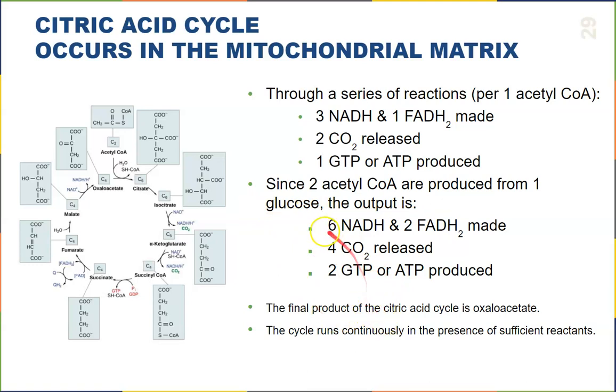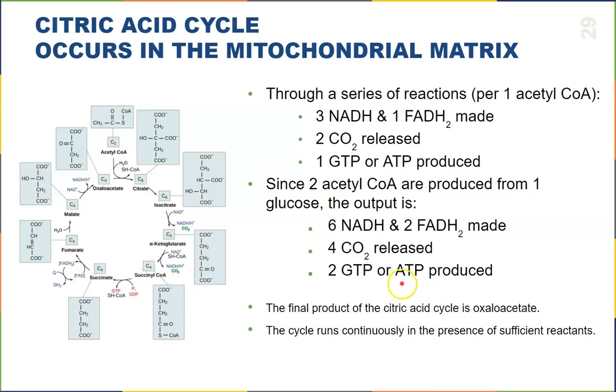So we made a lot of electron carriers, which are great. Those will move on to the final process. We released a lot of CO2. So the carbons in glucose are actually just released in a gas form, CO2. And then we made 2 ATP, which is not a lot. So the Krebs cycle, the citric acid cycle, its goal is not to make ATP.